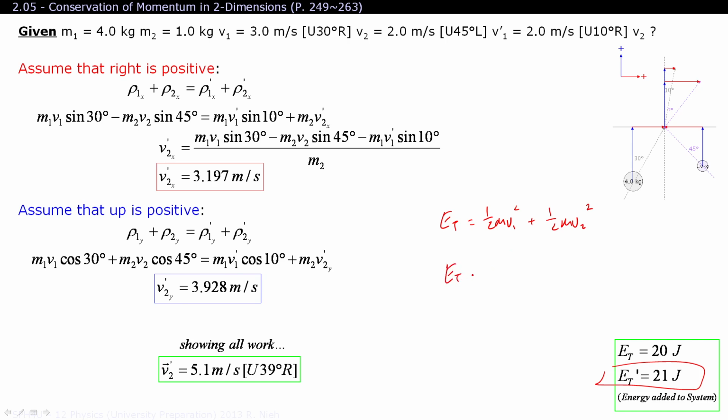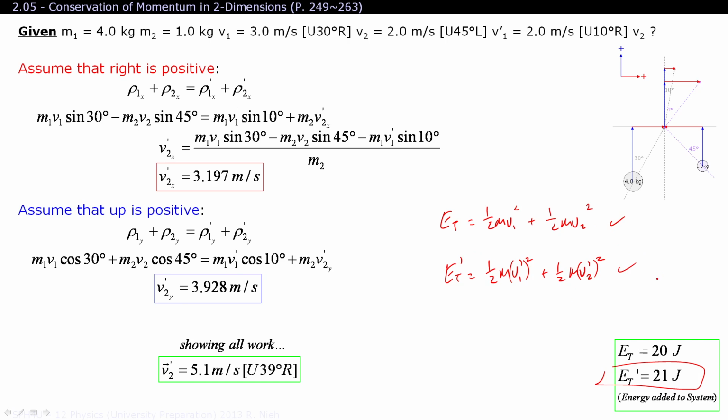After the collision, you're doing the same thing again, but this time with the prime versions: 1/2 m v1 prime squared plus 1/2 m v2 prime squared. If you need to put in brackets, just so you don't accidentally write down 12, then by all means include the brackets. That's how you find out the total energy before and after the collision.